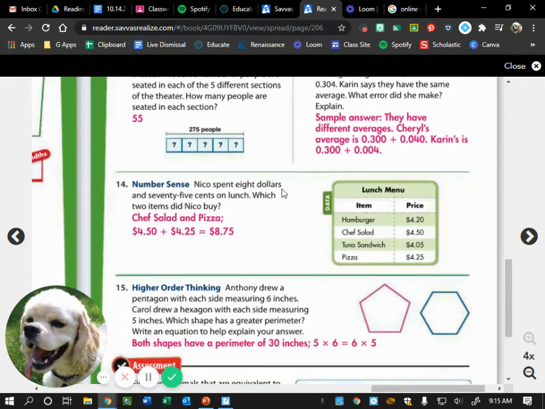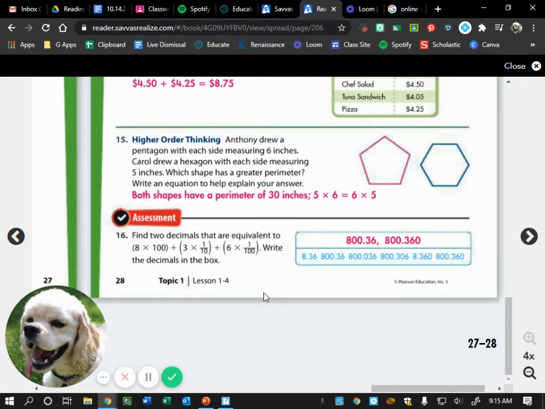Then we had number 16. So for number 16, it was a little similar to what we were doing on page 27, except then you were supposed to find the equivalent decimals. So first, we were given a number in expanded form, 8 times 100 plus 3 times 1/10 plus 6 times 1/100. So that would be the same as 8.36 or 8 and 36 hundredths.